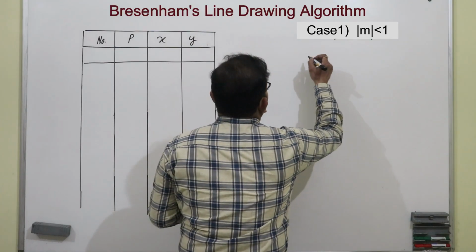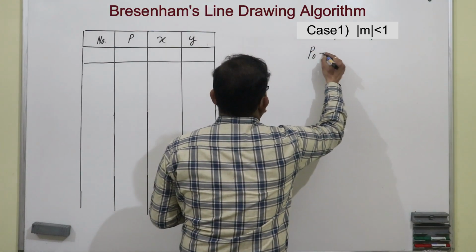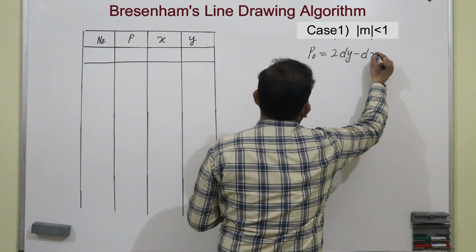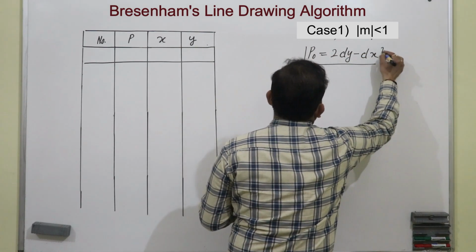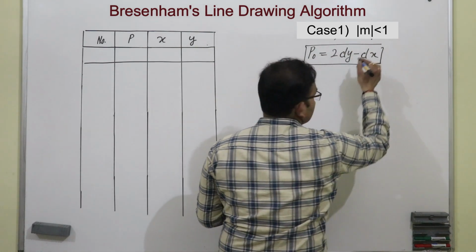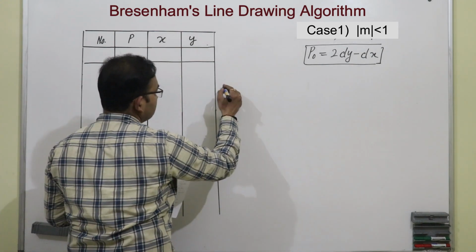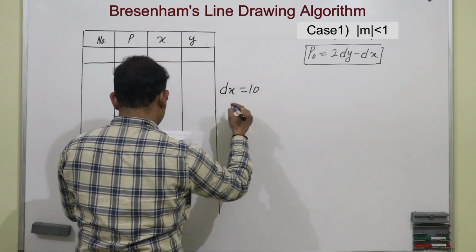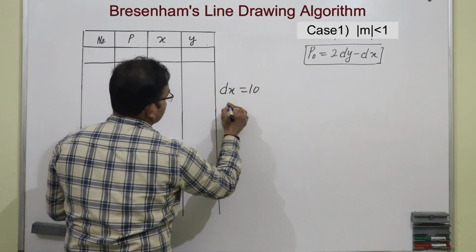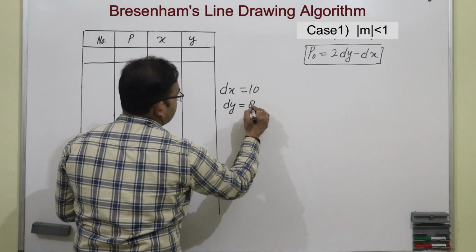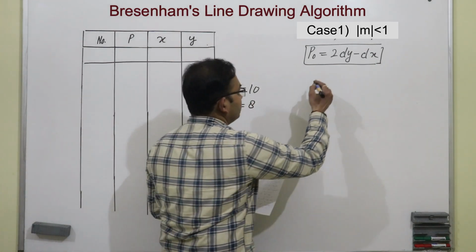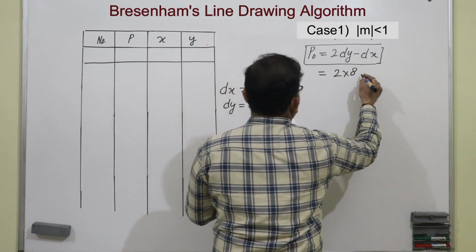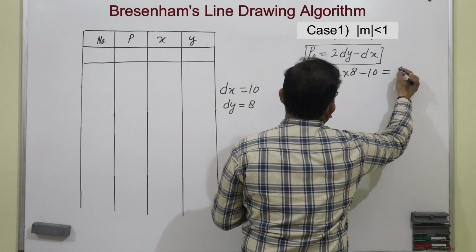So use the formula P0 equal to 2dy minus dx. We know dx equals 10 and dy equals 8. So P0 is 2 into 8 minus 10 equal to 6.